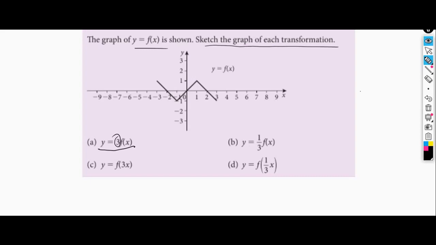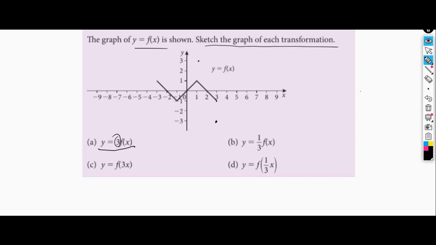So for example, 3, negative 1 would become this point here. 3, negative 1 would become 3, negative 3. This other point, 1, 1 would become 1, 3. So it would be there now. 0, 0 would stay the same because 0 times 0 is 0.